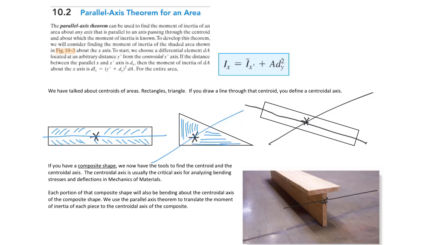So this would be the moment of inertia about the individual part plus the area times the distance that you're moving it, from the centroid of that part down to the centroidal axis. If you have a composite structure, then you add them all together using the sum of all of these things.